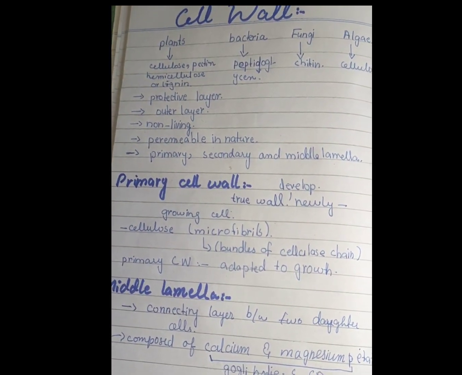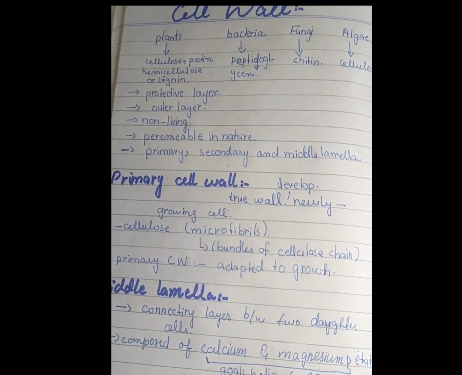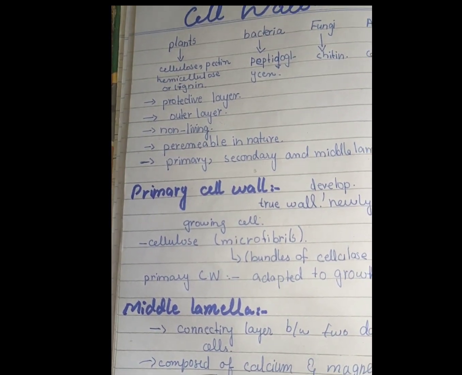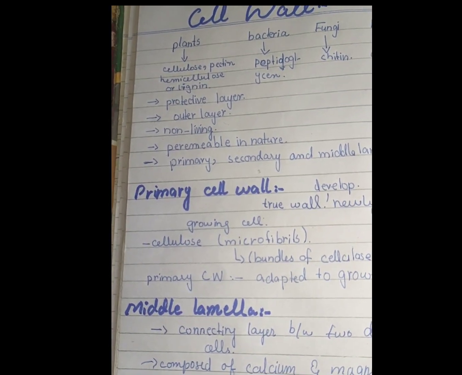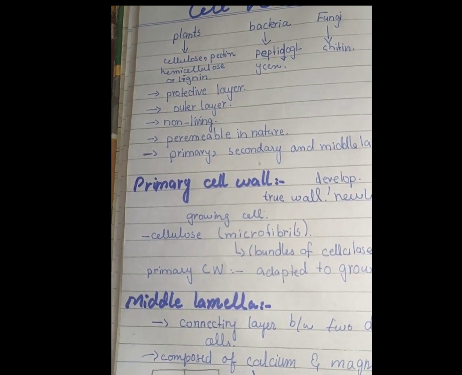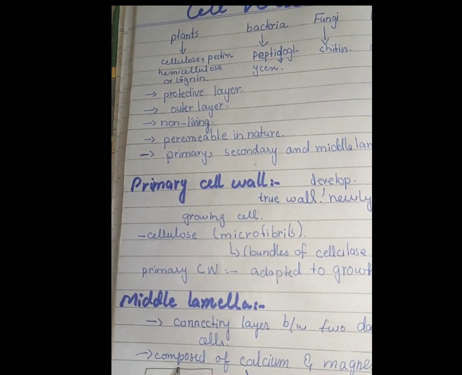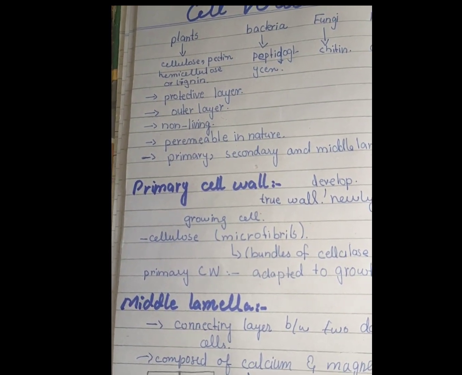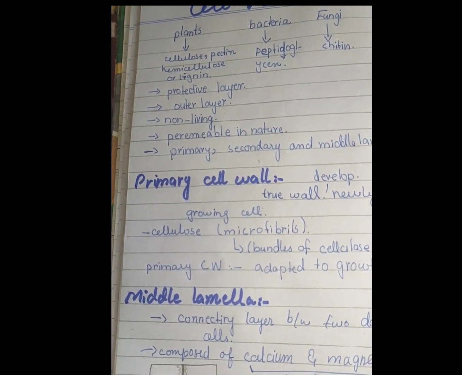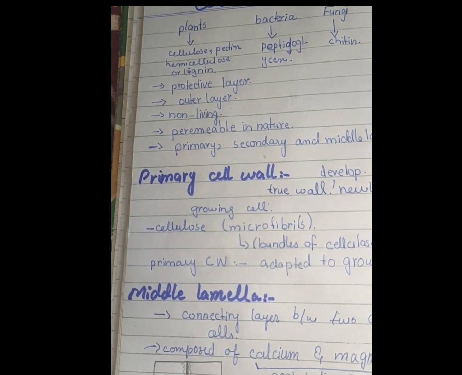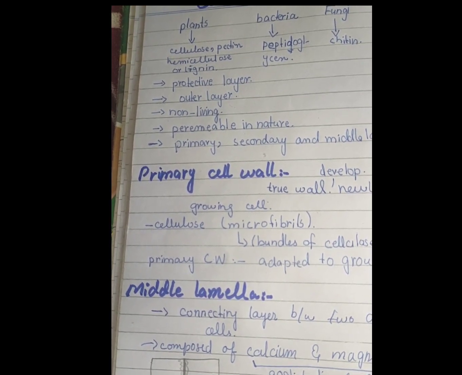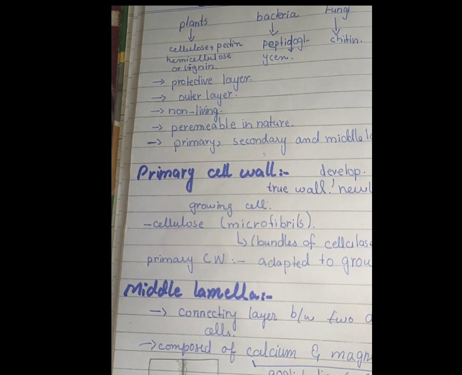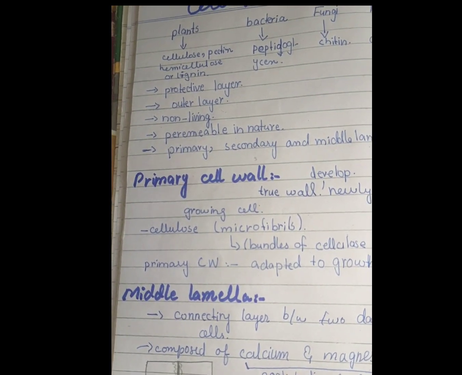Now here let me tell you one thing. As you can see here, we have two connecting layers. Here we have the middle lamella and the separating wall, that is the phragmoplast. This is the separating layer.